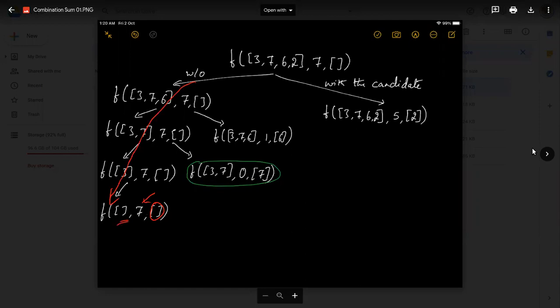So this solution generally is useless, unless the target itself is 0. On the other hand, look at this path. This path is useful, where we didn't choose the last element, we didn't choose the last but one also. The 6 is also ignored. But look at this, when we choose this element 7, I can come this way.